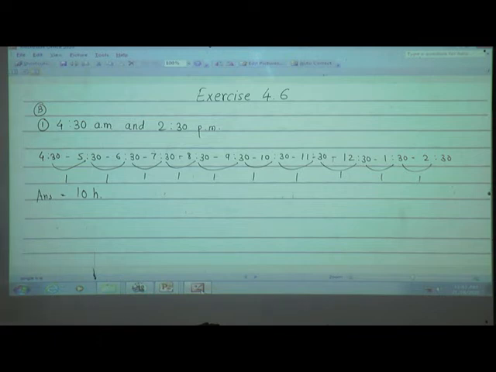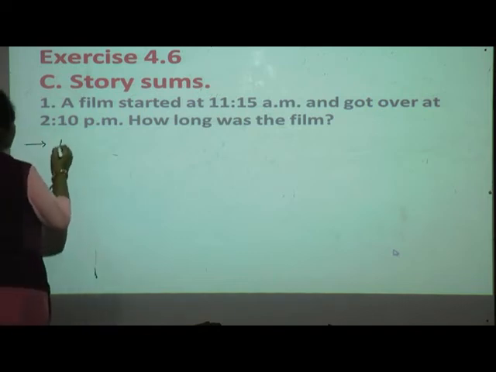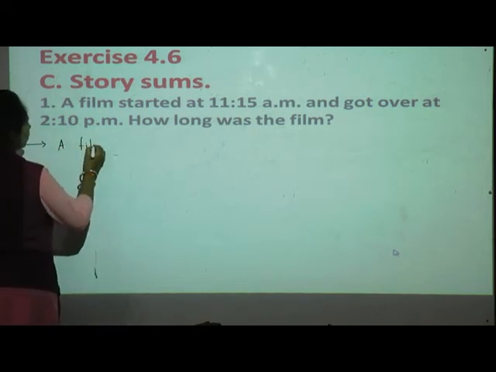Now I'll solve the third one for you. First, a film started at 11:15 a.m. and got over at 2:10 p.m. How long was the film? See, we have to find out how long the film was. So, the given information is a film started at what time?